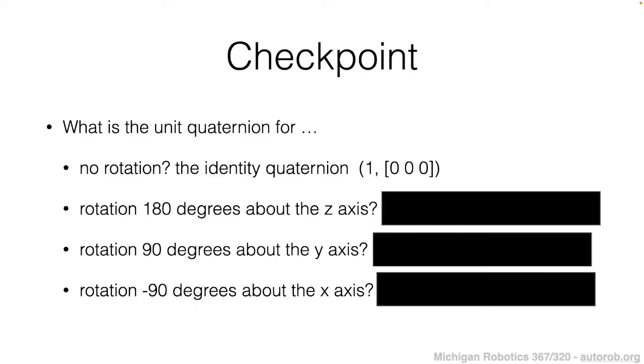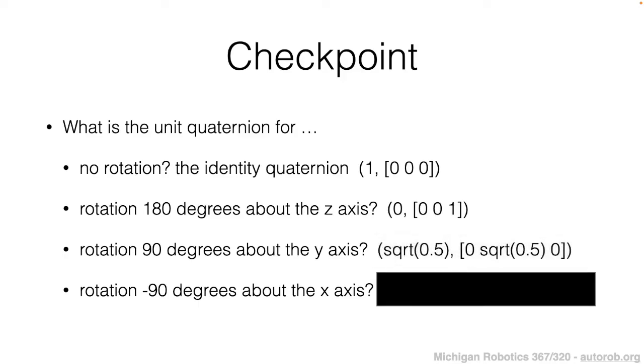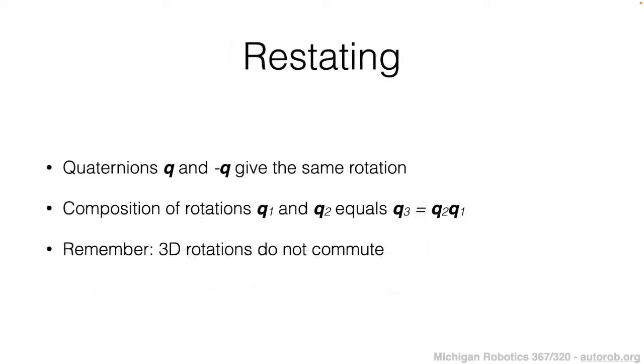Next, if we ask what a rotation of 80 degrees about the z-axis would be, if you work through that, you'll find the following quaternion. And similarly for the remaining 2 examples here, if you work through those, you should arrive at these answers based on those trigonometric functions with these specific angles.